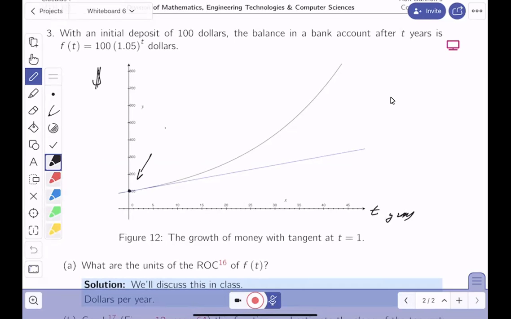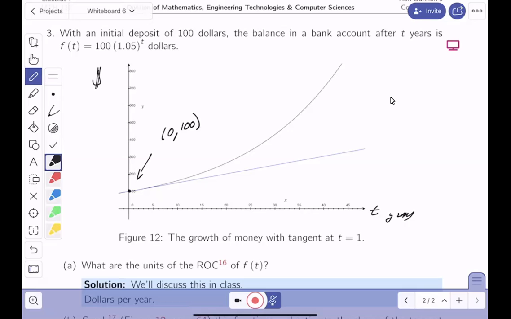What's the time there? Time is 0, and that's when you have exactly $100. Now, if you want a year later, I hope you realize that would be 100 times 1.05. It'll be $105. Right? Now, if you keep going and going, the money's going to grow at 5% per year.